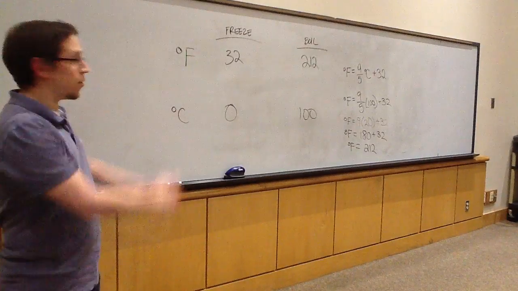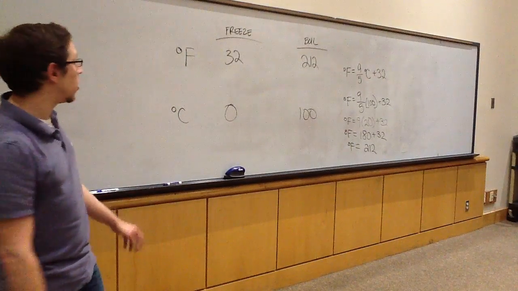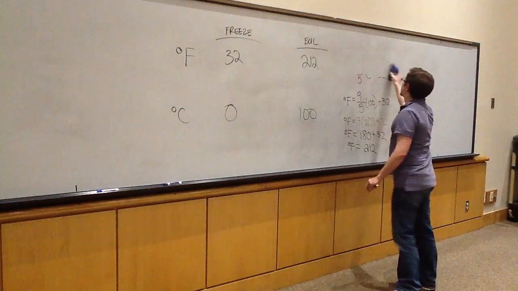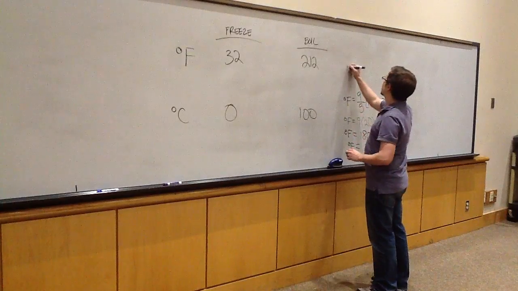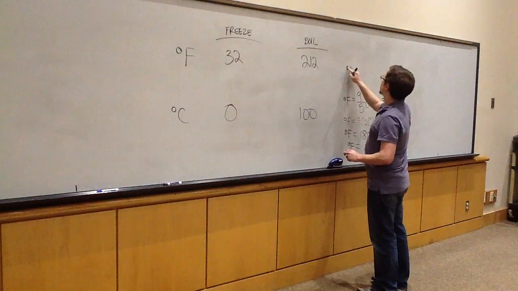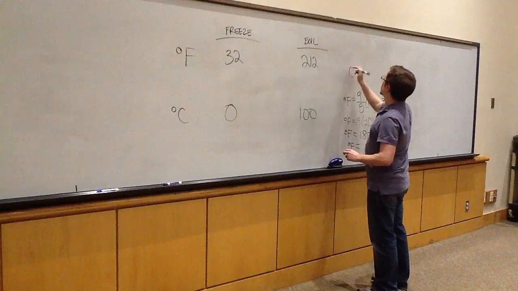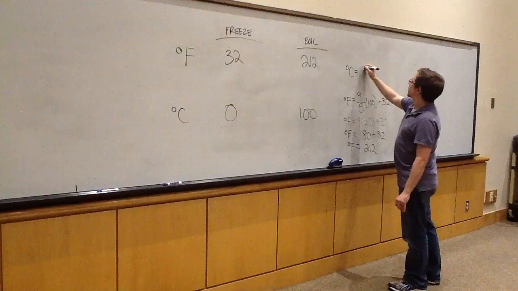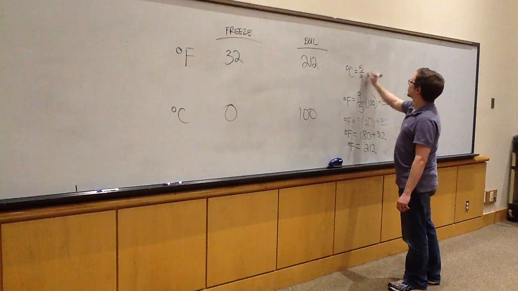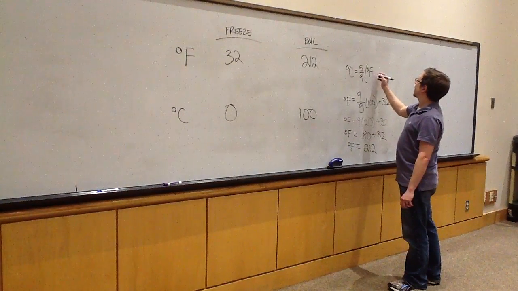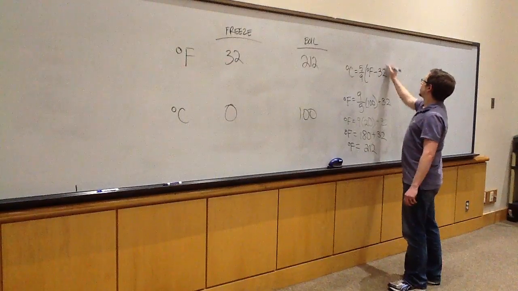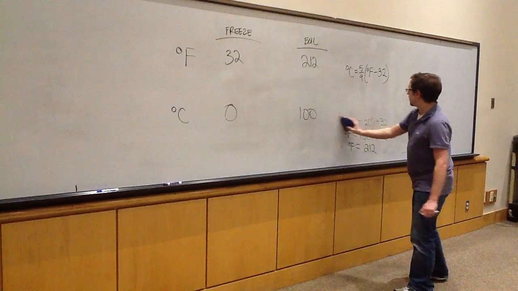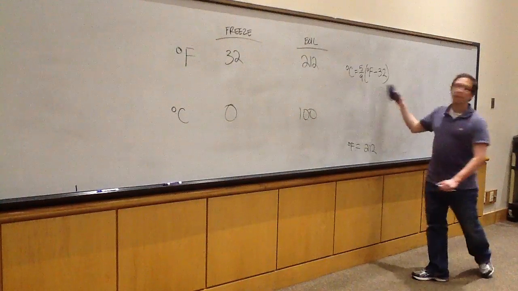Okay. Now if I wanted to do this the opposite way, and I wanted to solve for Celsius, given the degrees Fahrenheit, I'm going to take degrees Celsius equals, and then it's going to be 5/9 times degrees Fahrenheit minus 32. Now in this particular instance, I've got the Fahrenheit subtracting 32 in parentheses.